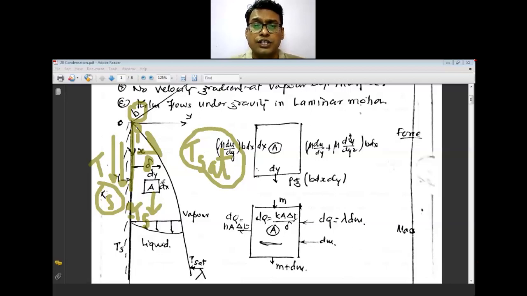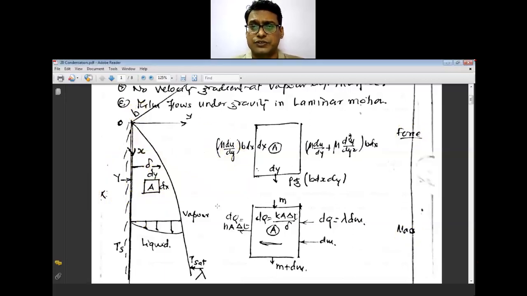Now, consider a small element A and analyze it for the force balance and second, the mass balance. First we will analyze the force balance. The viscous shear stresses are because of the resistance offered by the viscosity.